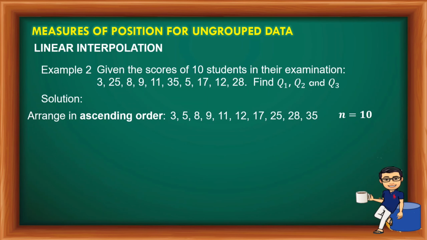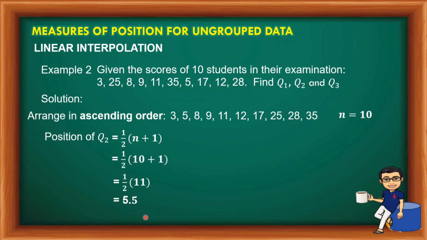Okay, let's work on with quartile 2. So, same pa rin yan. Same formula tayo. 1/2 times the quantity n plus 1. N is 10. Substitute natin sa n. So, we have that. Then 10 plus 1, 11 pa rin. 11 times 1 is 11. Divide 2, that is 5 and 5 tenths.